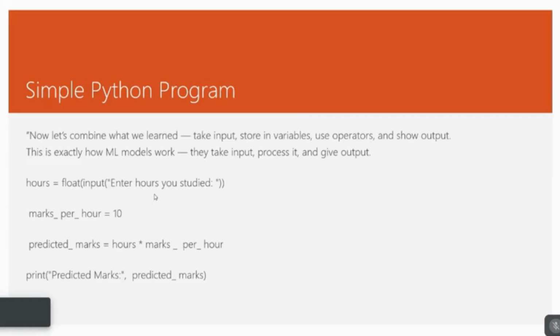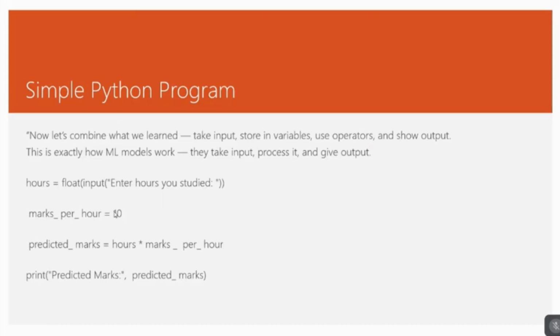This thing is displayed in our output terminal. So it gives an instruction to the user to enter your hours of study, how many hours you study daily. And after that, we use marks per hour.